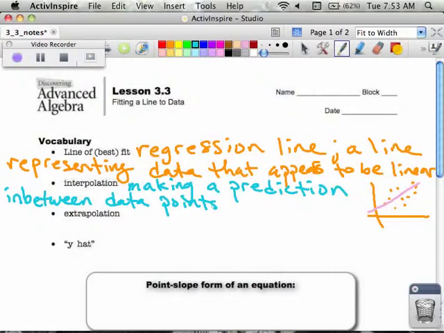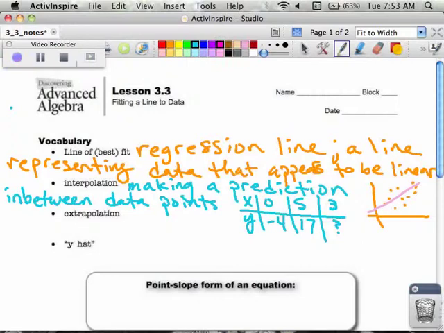For example, if you had an x and y table, and I told you that 0 produced -4 and 5 produced 17, and then I ask you, hey, what about 3? And that's what you wanted to know. That would be called interpolation. Looking for an answer that falls somewhere in between the data that we're talking about.